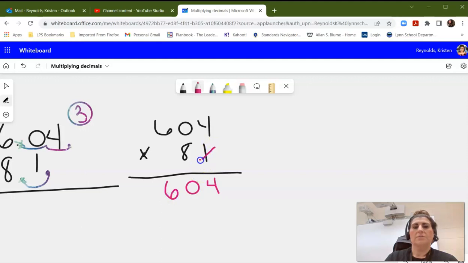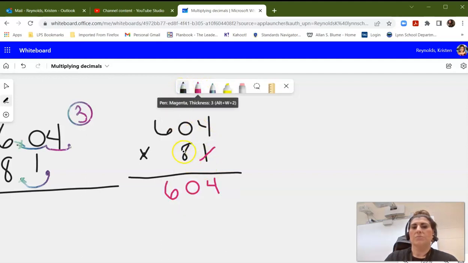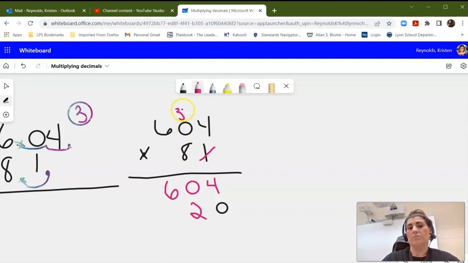Okay, I'm done with my ones, and now I need a placeholder because I'm going to the next place value, which is the tens. So I'm not going to have any answer in my 1 spot, so I need to make sure my answer starts in the tens place. Okay, so 8 times 4 gives me 32, so I'm going to have 2, carry my 3. 8 times 0 is 0, but plus 3 is 3.